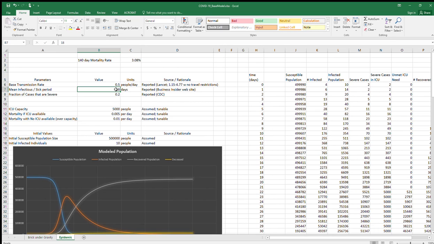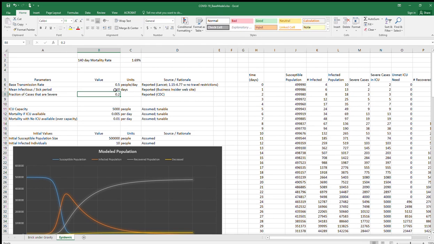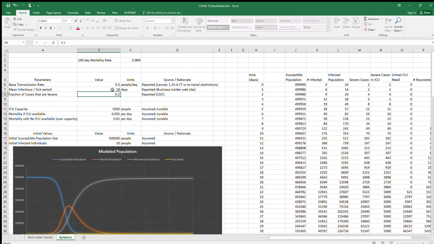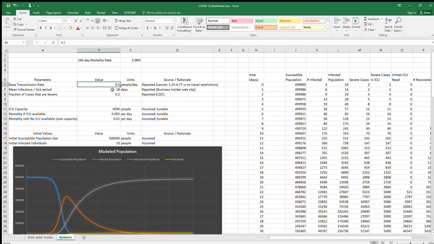Instead of people getting better in an average of 18 days, they get better in an average of 22 days. It changes the features of this and actually makes the death rate quite significantly higher. What happens if it mutated and people got better quicker? Well, now the death rate went down by a lot. And so you can start seeing the effect of changing some of the assumptions that we built into this.